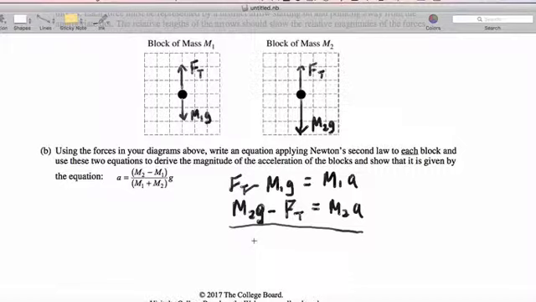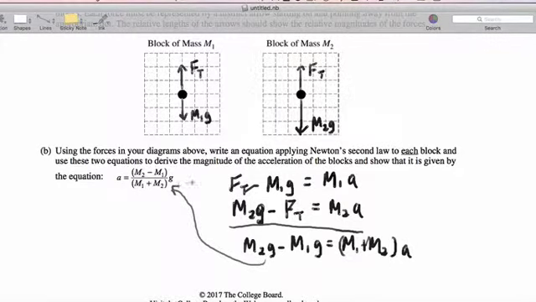What I'm going to do is I'm going to add these two equations together, and that's going to get me that M2g minus M1g equals M1 plus M2 times a when I add those equations together. And so that's how I'm getting this result here. I know a lot of you would be tempted to do the same thing. Let's actually write it out by dividing.